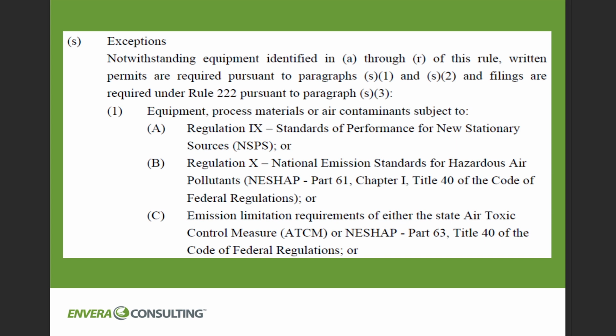Now, we said it was a 3.5-step process, so what is the half step? Or what is the step 2.5? The step 2.5 is actually to review the exemptions in Rule 219. Once you determine that a piece of equipment is exempt under 219, you'll want to go through and look at the exemptions at the end of the rule, because Rule 219 itself is an exemption, but Rule 219 also has exemptions built into it.